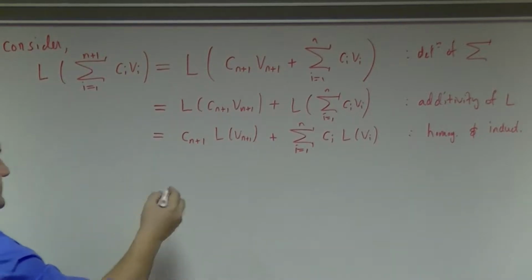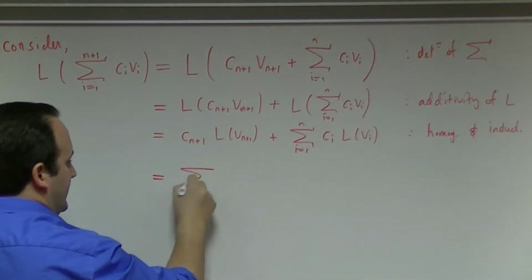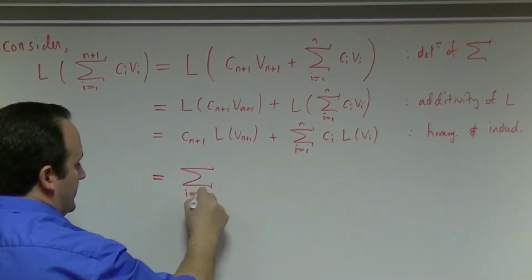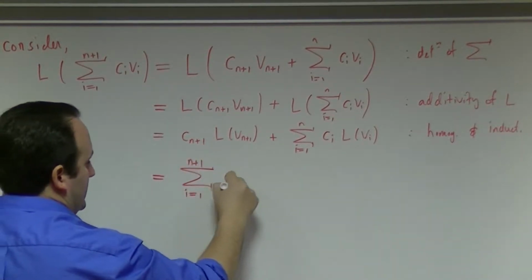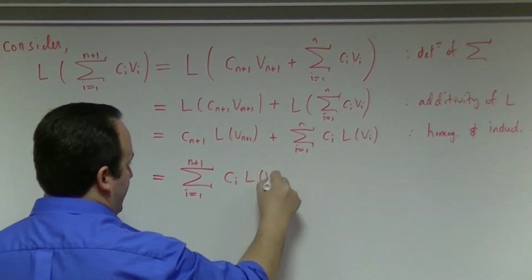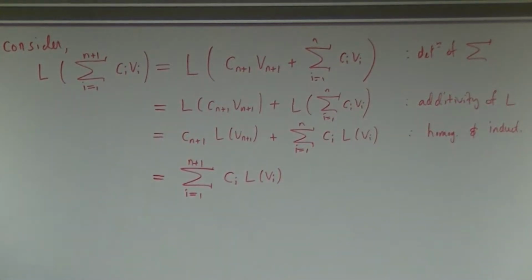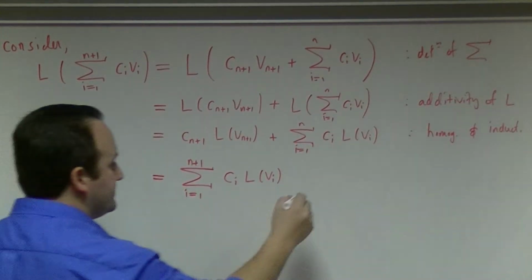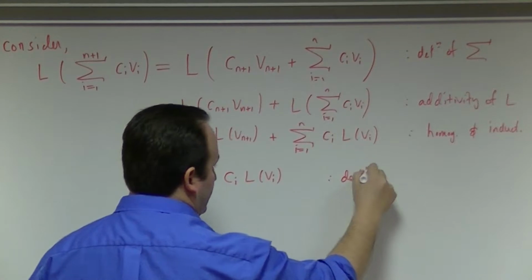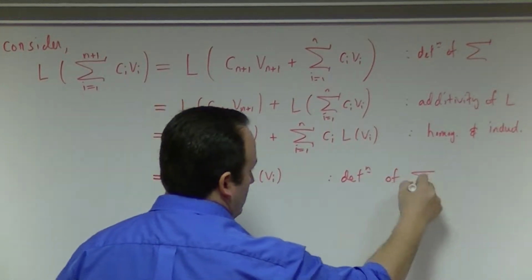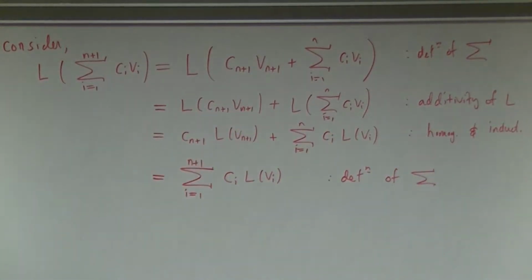What is this? Well, this is nothing more than the sum i equals 1 to n plus 1 of Ci L of Vi. Again, by definition of finite sum, which we made recursive at the start of this course. Hence 2 follows by induction.